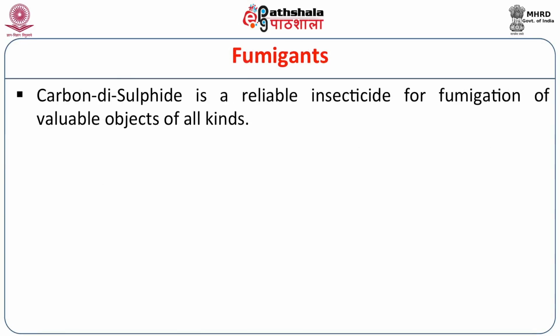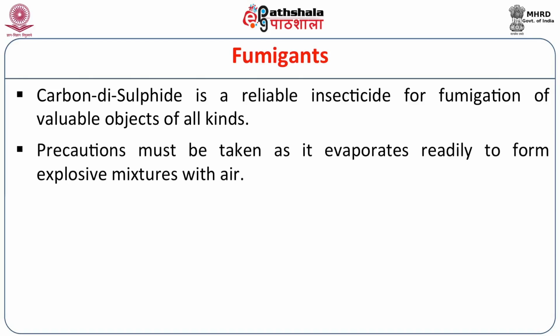Carbon disulfide is a very good, reliable insecticide for the fumigation of valuable objects of all kinds. Precaution must be taken, as it evaporates readily to form an explosive mixture with air.